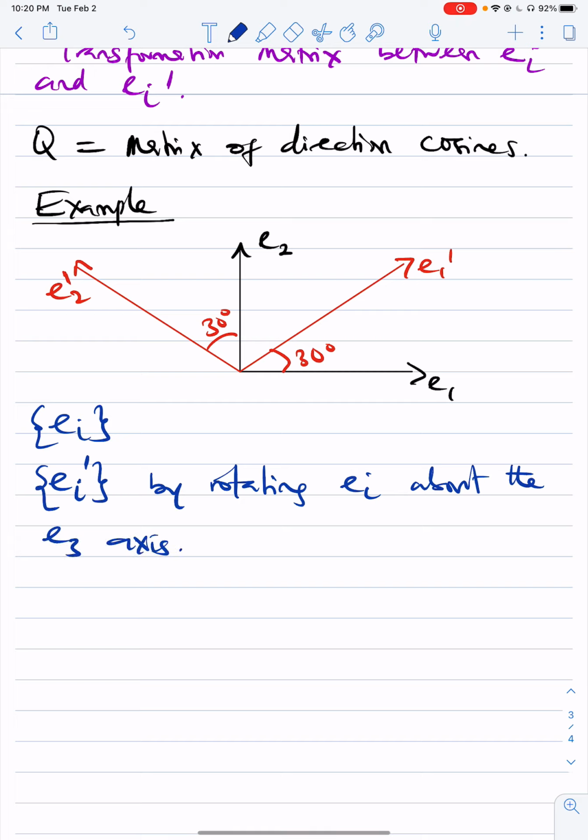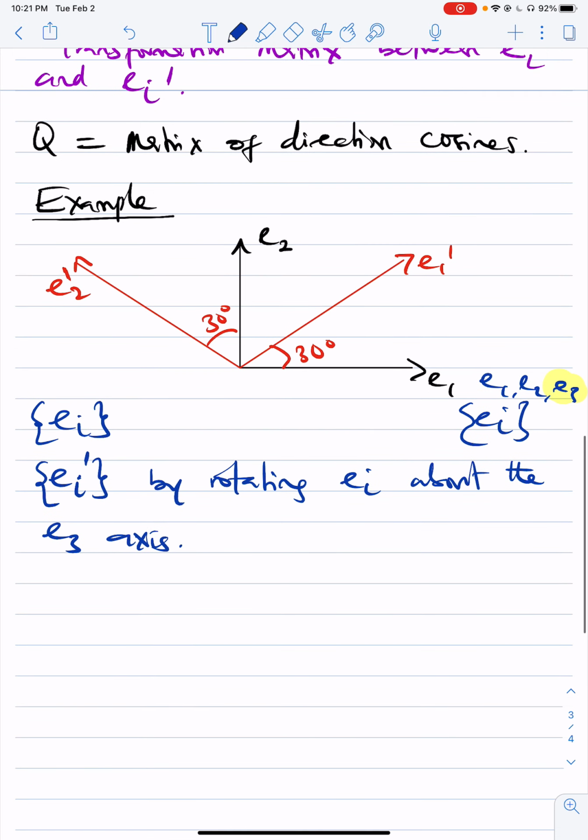If you notice this diagram, it's only showing Ei. You're supposed to have E1, E2, and E3, but we are rotating about E3. When you rotate about E3, it's about the same point, so that does not show on the diagram because it's still on the same spot. All other points will move relative to that point.